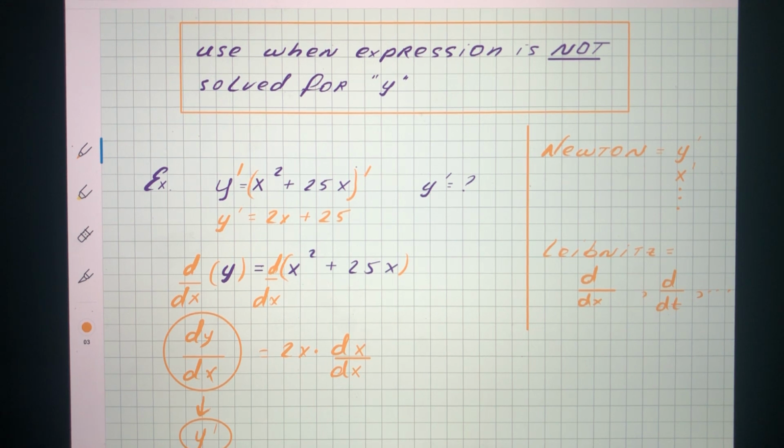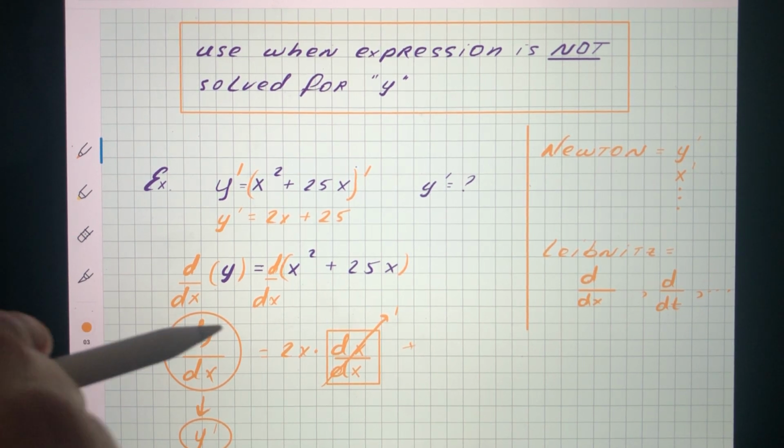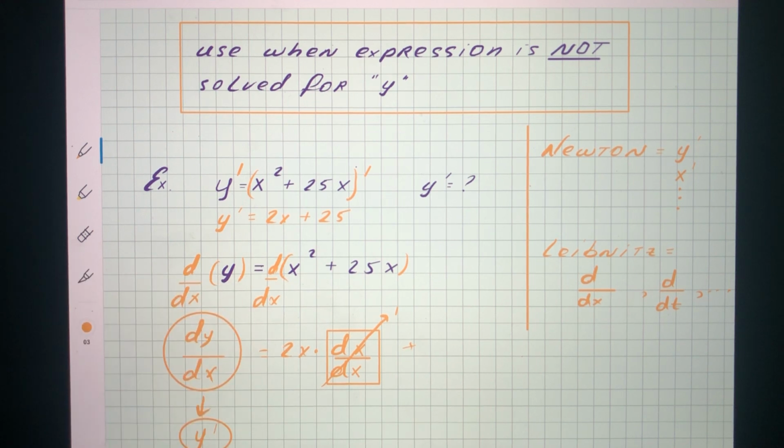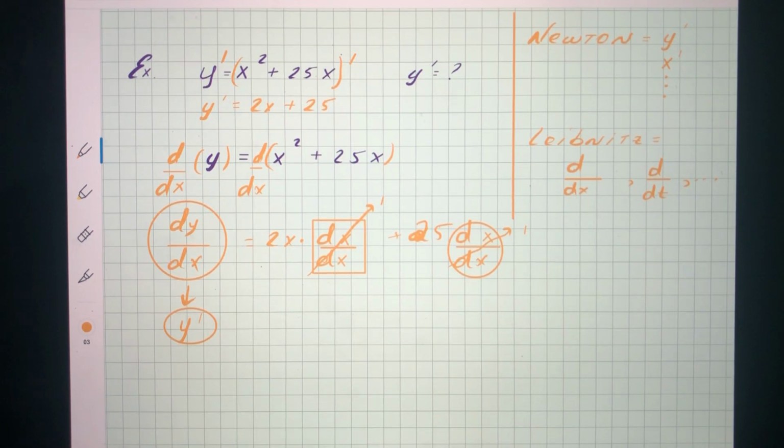So this equals 1. Plus, now applying the same differential operator, distributing it to the 25x, we have 25, and then dx over dx, which once again is equal to 1. So here we have y prime is equal to 2x plus 25.